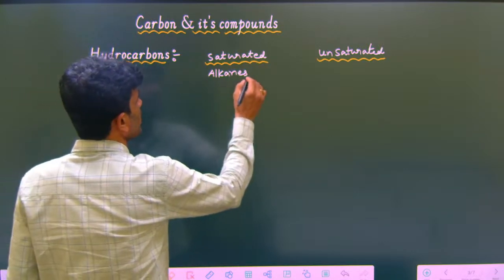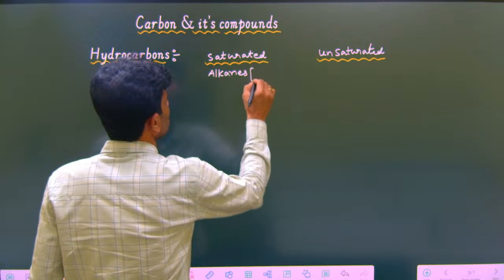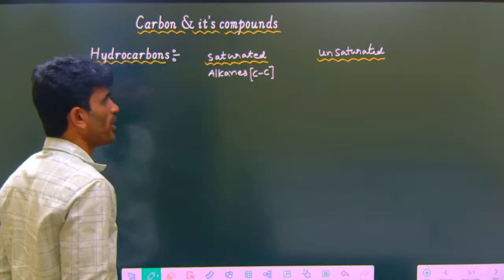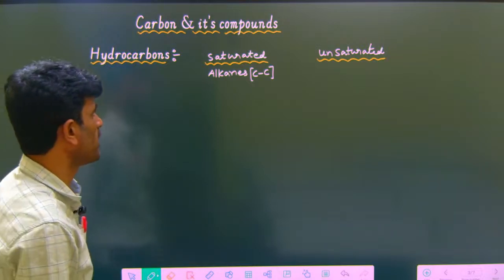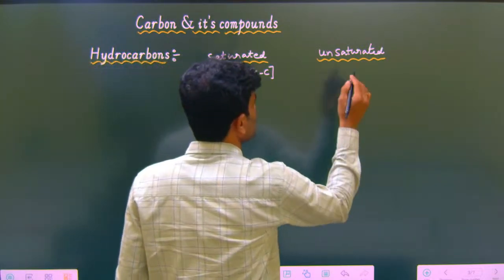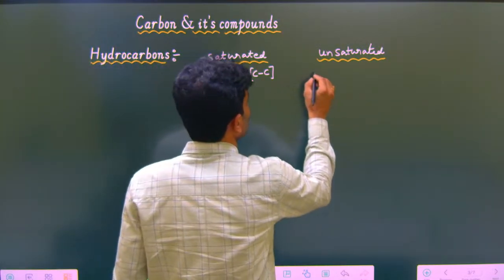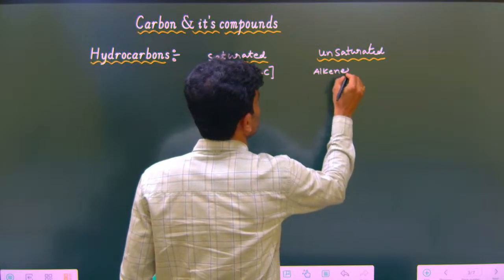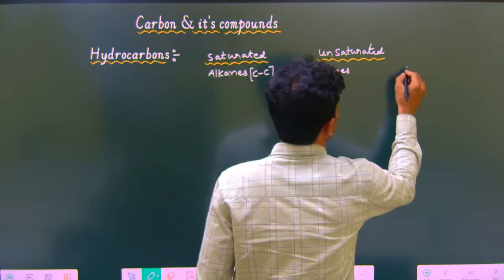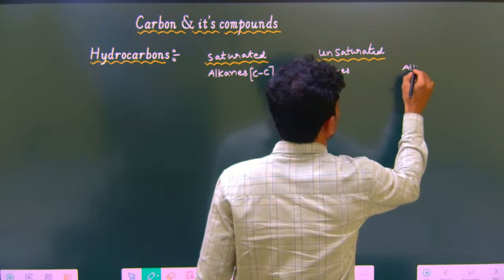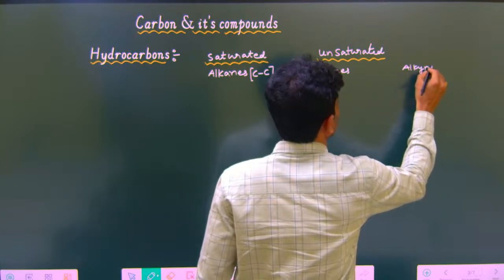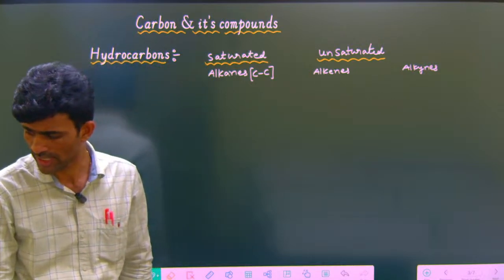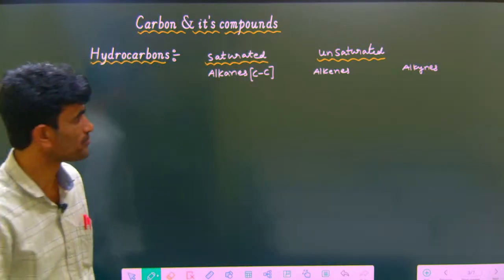In all the alkanes, we will have a single covalent bond between carbon and carbon atoms. In unsaturated, we will have two types. One is alkenes and one more is alkynes. Both are unsaturated only. Hope everybody knows about it.